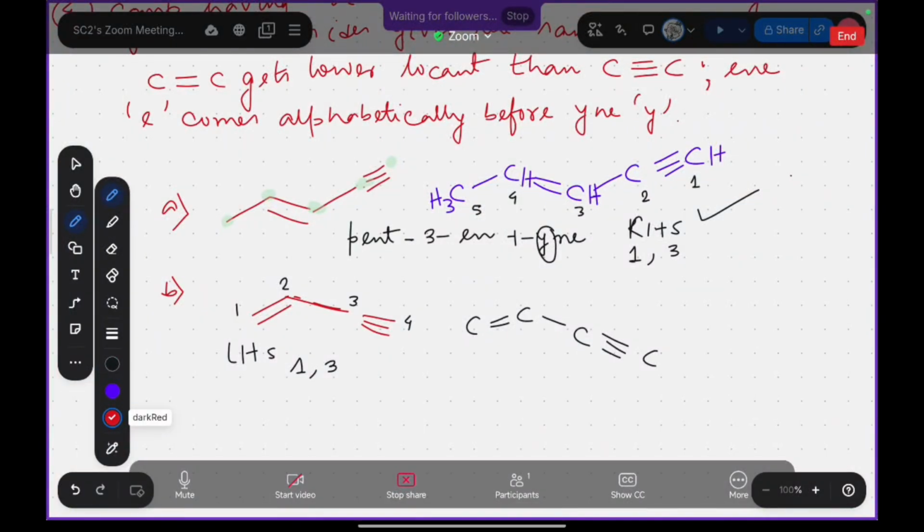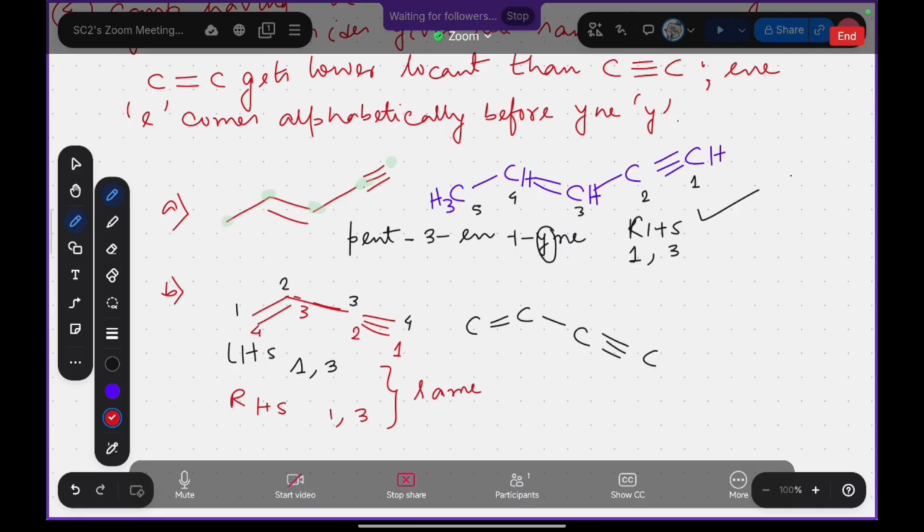From the right hand side it is 1, 2, 3, 4. So from the right hand side it is 1 and 3 again. So in this case what do we see? That numbering from both the sides, left hand side and right hand side, gives the same locant, 1, 3.